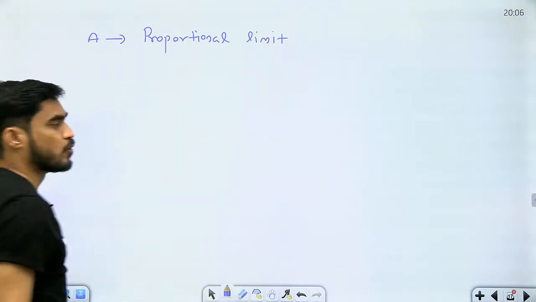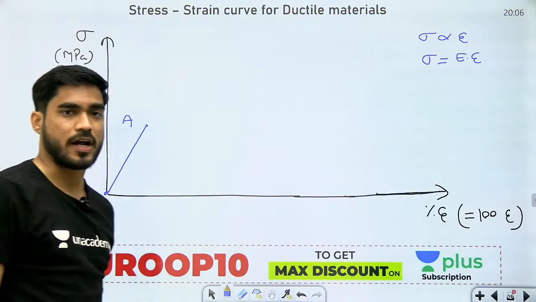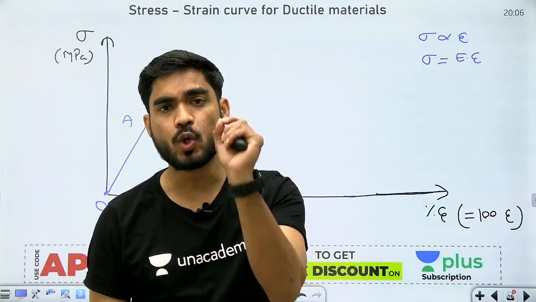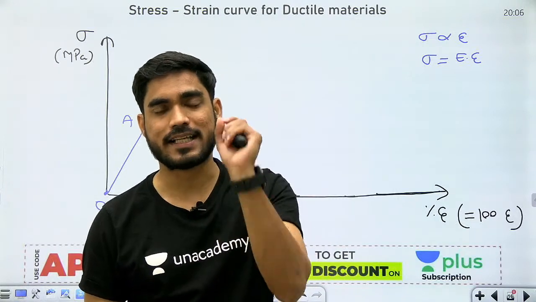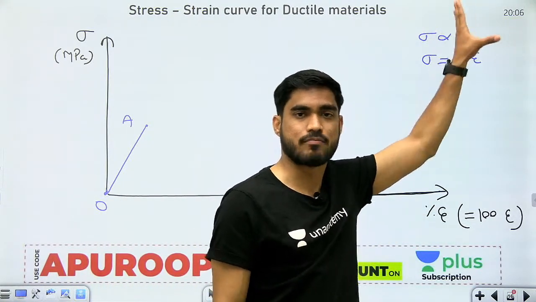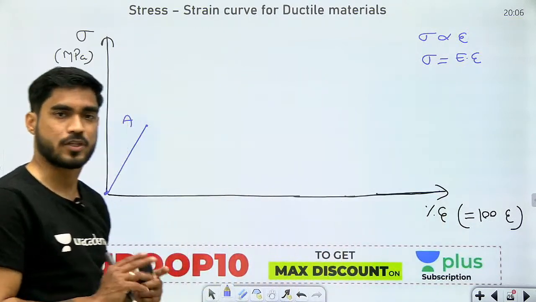What do I mean by proportional limit? Up to this point, the stress sigma will be proportional to epsilon, sigma equal to E into epsilon.